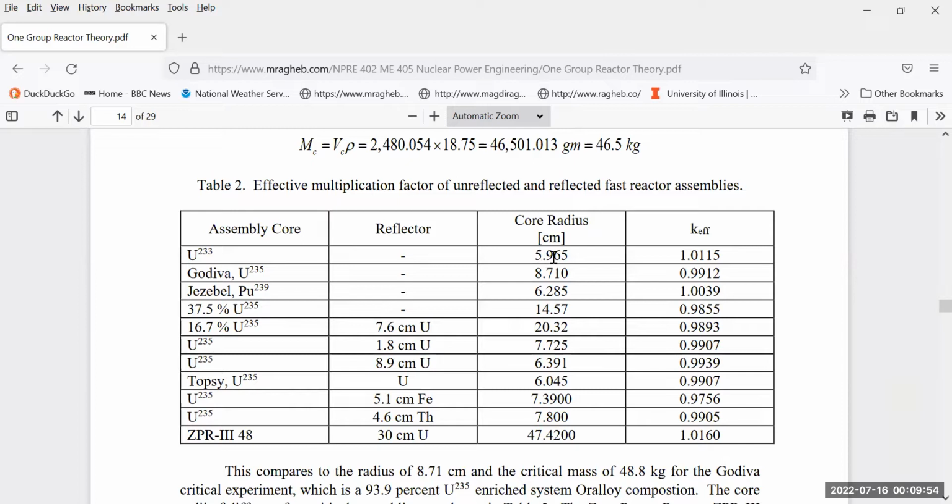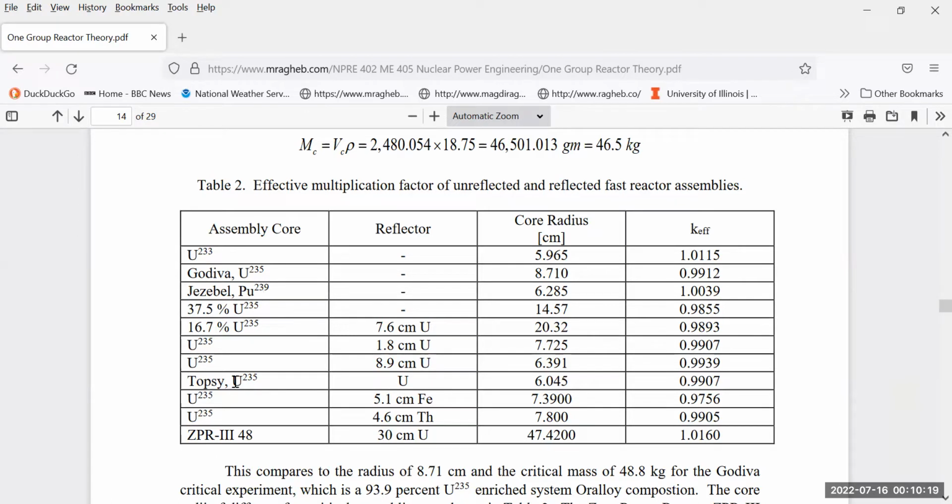Look at this here. The core radius would be even smaller than the one you'd get for plutonium or uranium-235. So uranium-233 is a very promising material for the future.